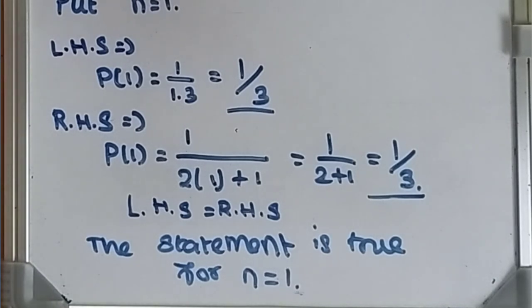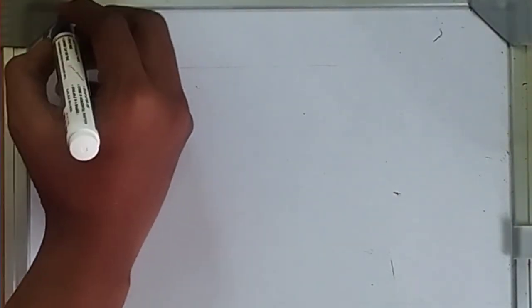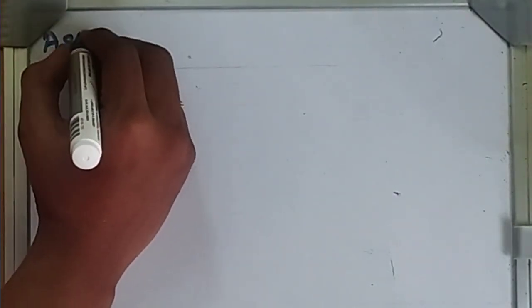So what is the next step? Good. So the next step is we are going to assume one thing. What is the thing? Yes, we are going to assume the statement is true for n equals k. Write along with me.